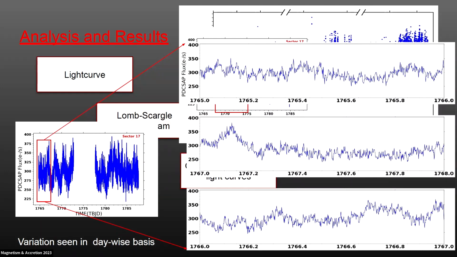So this is the light curve of V709 Cas. As you can see, this consists of the data of 5 sectors, but you cannot see the variability properly. If we zoom in, we can see the data of sector 17, which is one of the sectors, and if we zoom in further, we see that there is variability on a day by day scale.